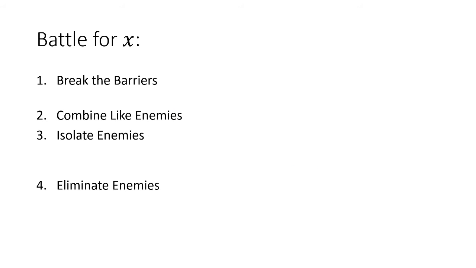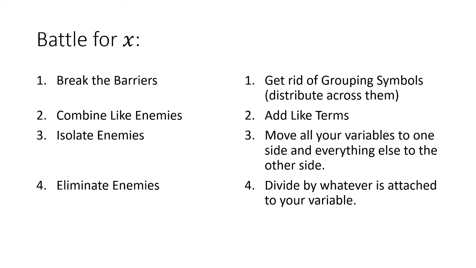Now let's do a quick review of our battle for x. We want to break the barriers, combine like enemies, isolate enemies, and then eliminate. So what does that mean? That means that whenever we break the barriers, we want to get rid of grouping symbols, distribute across them if we can, or add and subtract inside of them if we can, just get rid of them.